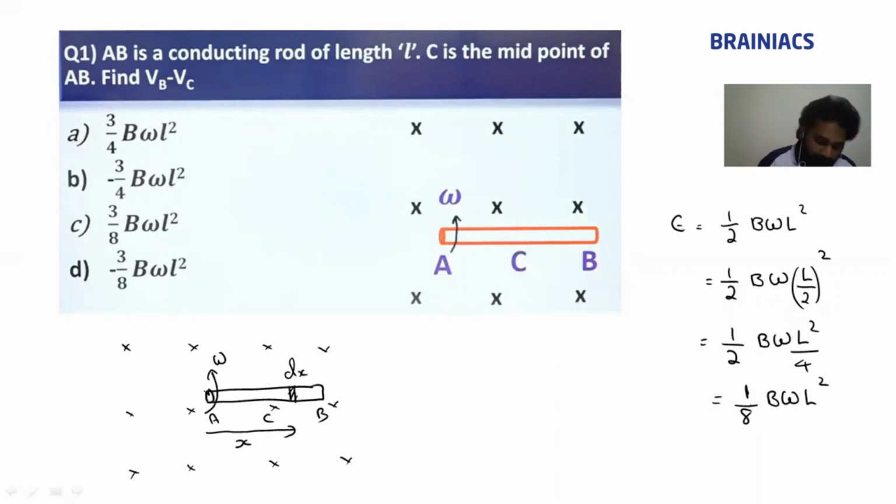Now what is velocity? As we discussed, velocity is always going to be perpendicular, and v is r omega. In this case, v is equal to x omega.